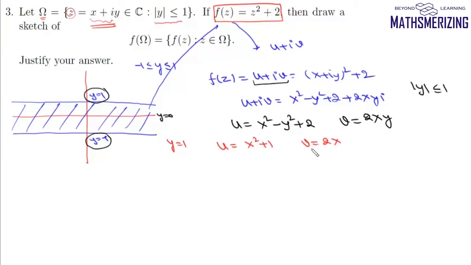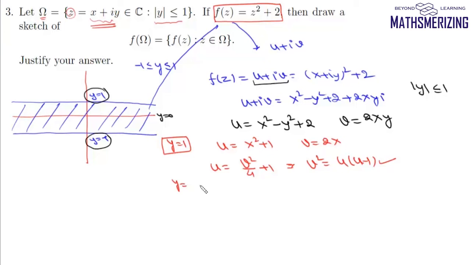So we can write x as v by 2, and we get u equals v square by 4 plus 1. So we'll get this parabola, which is v square equals 4(u minus 1).